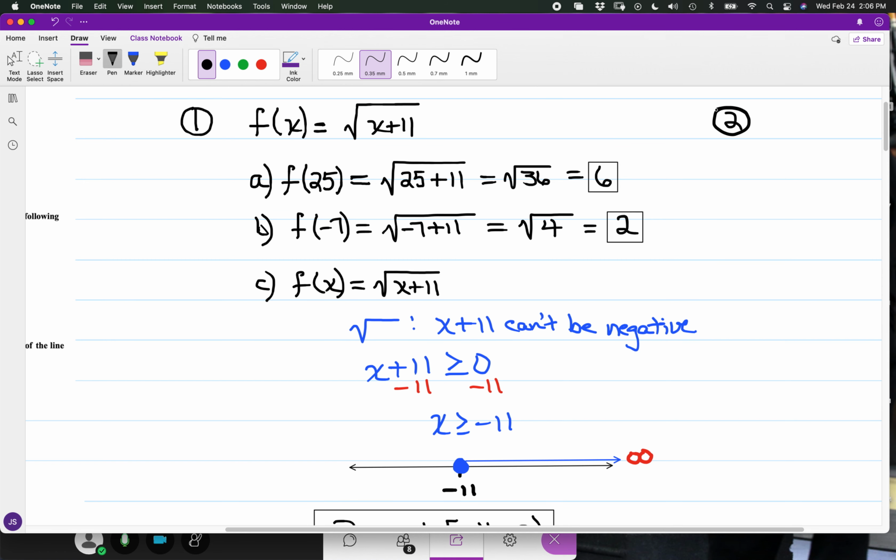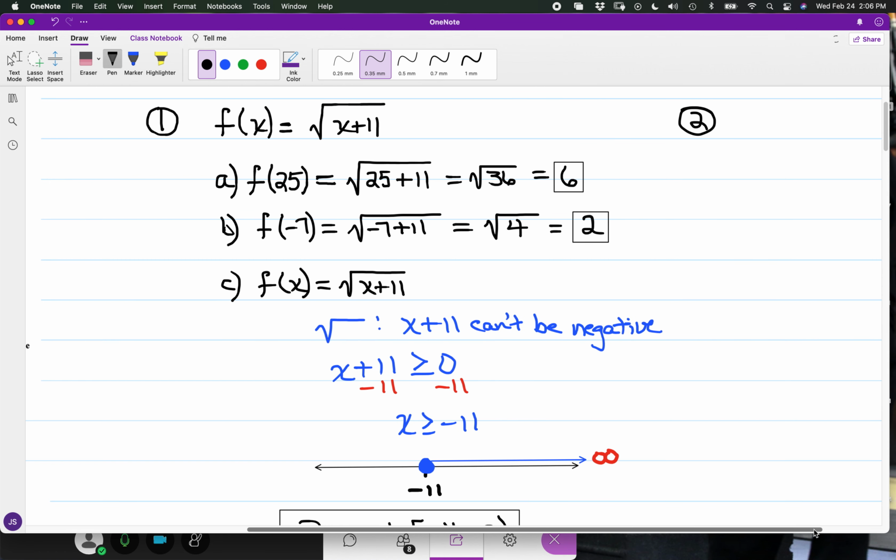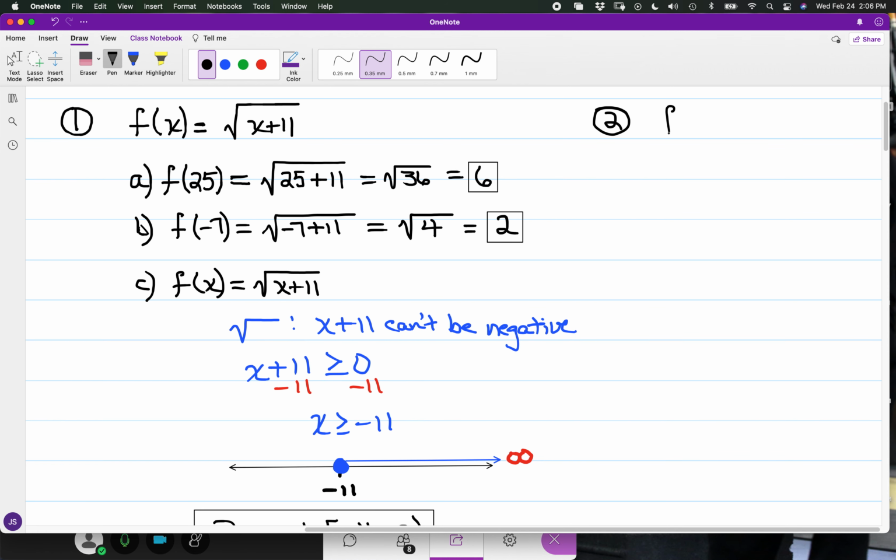So we have f of x equal to x minus 3 all over the square root of x minus 4, and we're looking at the values for specified inputs.